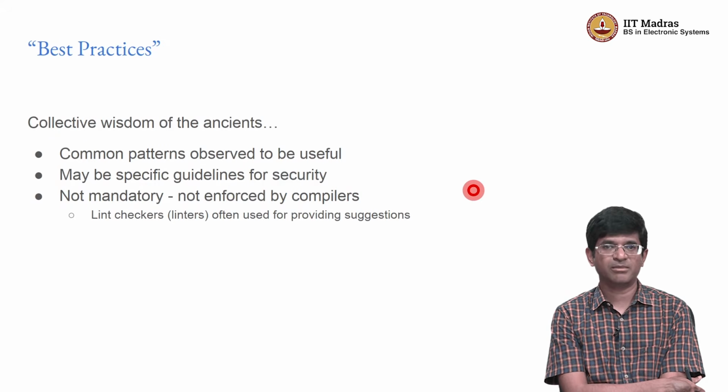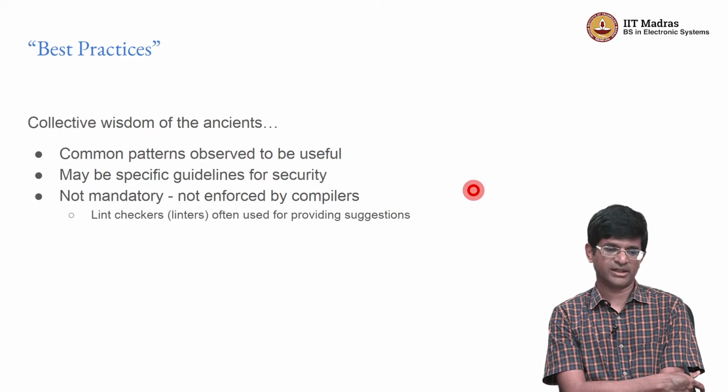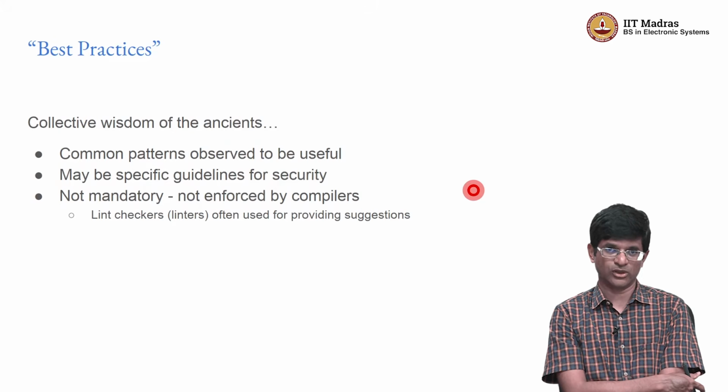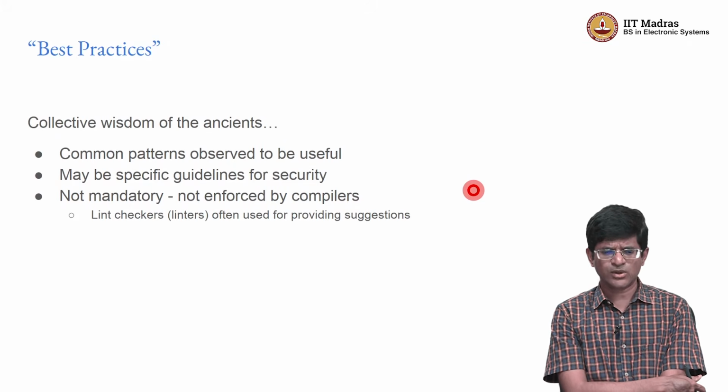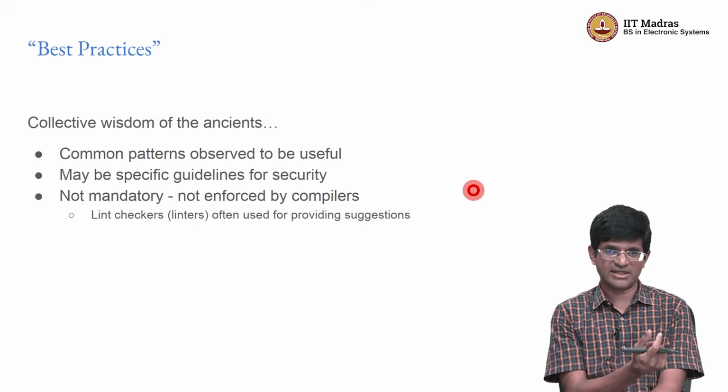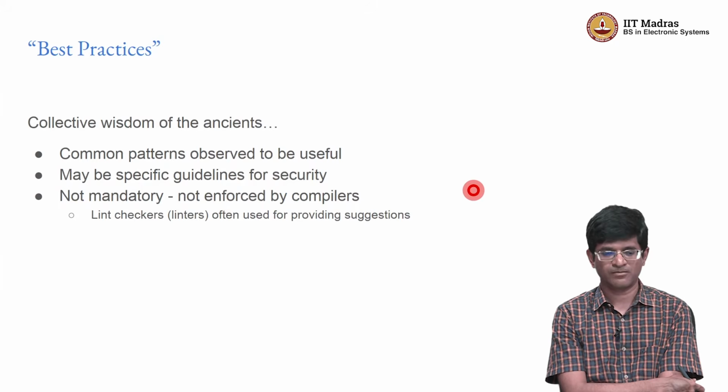In some cases there may be very specific guidelines that enhance the security or the safety of a system, and in most cases they are not really mandatory. In other words, the compiler is not going to tell you that you have to write the code this way or it's going to fail, right? So it's not a syntax error to violate these best practices. They are recommendations, that's it, right? So in some sense they are similar to the idea of strategies, except that they could be a bit more specific and say that okay, write the code in this way and this usually helps.